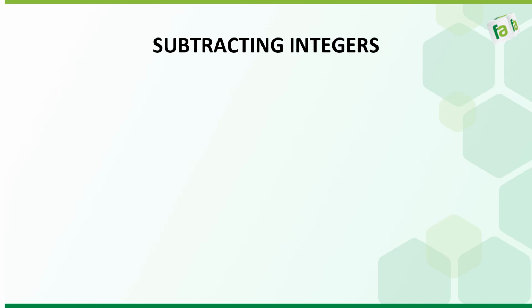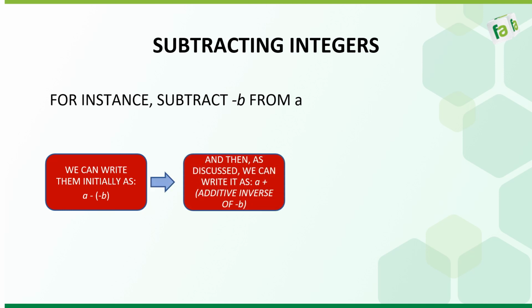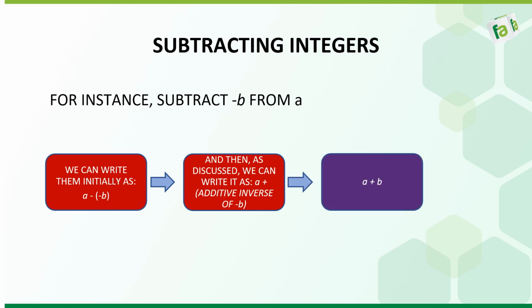For instance, if we have to subtract minus b from a, then we can write it initially as a minus minus b. Then, as discussed, we can write it as a plus additive inverse of minus b, or a plus b.